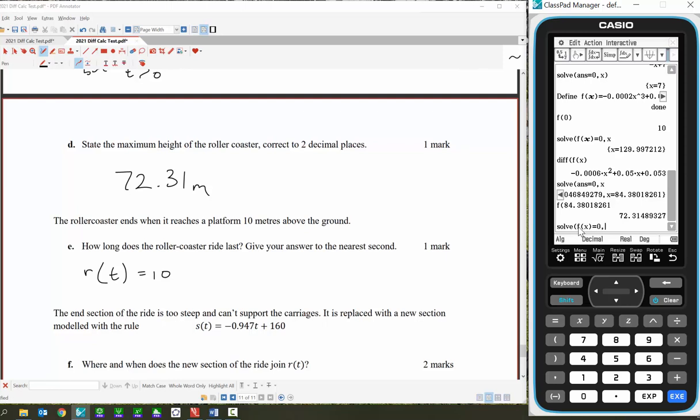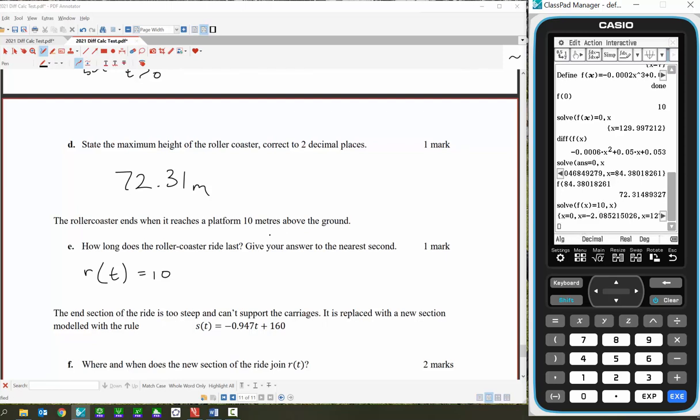F of x equals 10 for x. So 0, that's as expected. -2, we don't need that. And 127 is our answer.